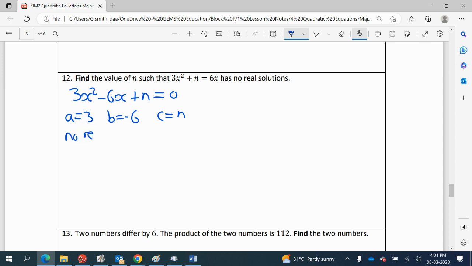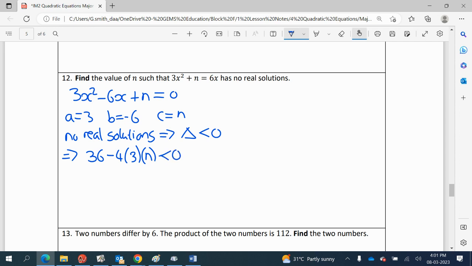No real solutions implies that the discriminant is less than 0, which implies that b squared, 36, minus 4 times a times c is less than 0.